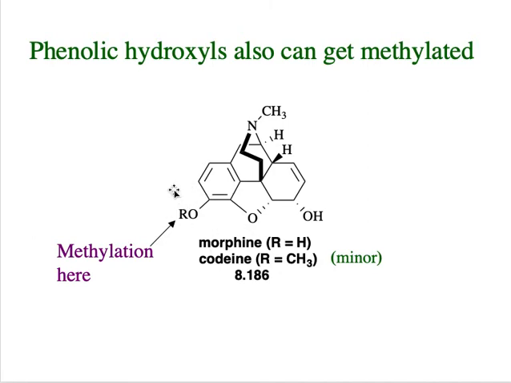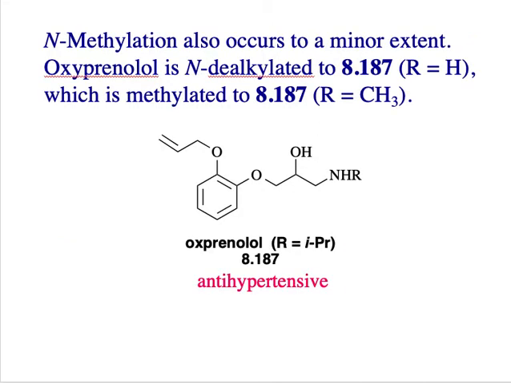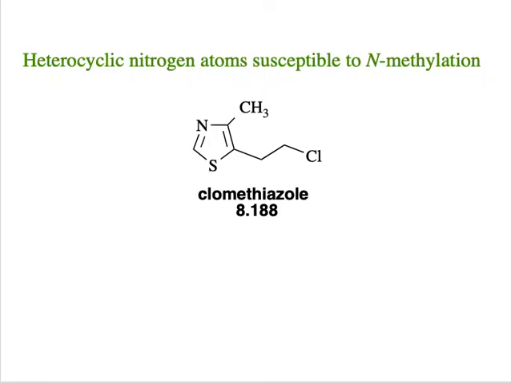We've played with this before in our homework problems. You can also methylate hydroxyls. It is possible, but it doesn't happen a lot because it's going the wrong direction. You can get O-methylation, and you can get N-methylation as well.